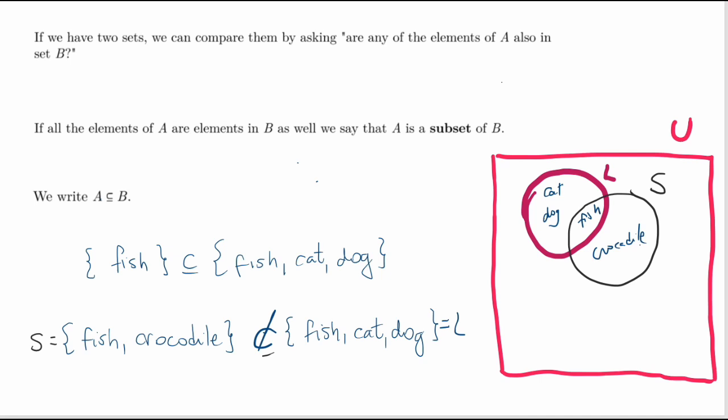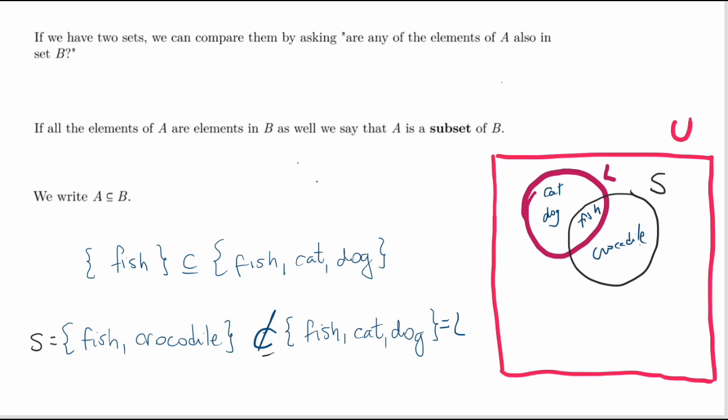We can draw the Venn diagram, and because crocodile is not in my set, you can see through the diagram that S is not totally inside L. It would be if fish and crocodile were also my animals, but they're not.